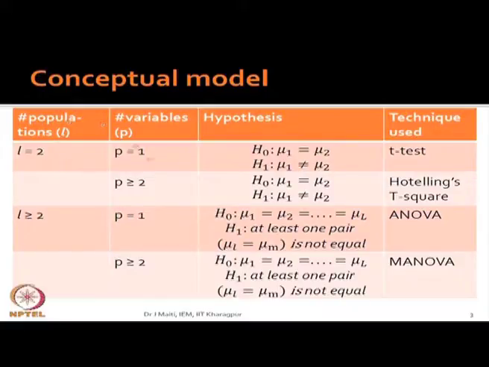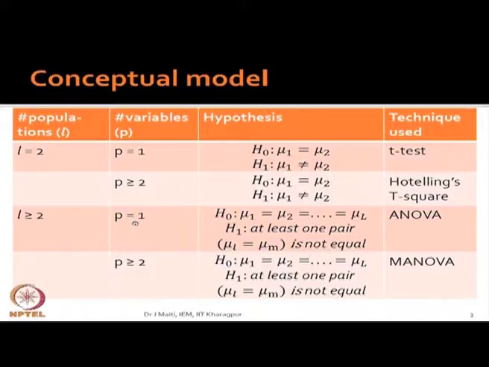And for the p greater than or equal to 2 case, that is the multivariate case, here also H0: mu1 equal to mu2 and mu1 not equal to mu2, but these mu1 and mu2 are in the vector domain. When p equal to 2, that is a 2 cross 1 vector, and we have used Hotelling's T-square.